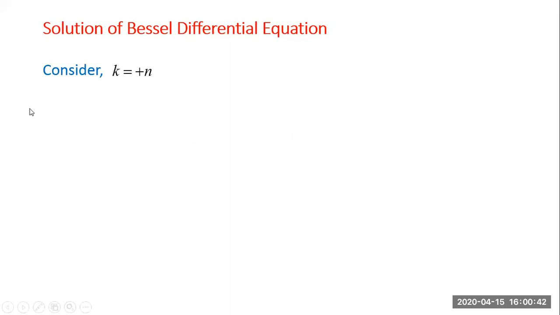Now, since we know k takes two values, plus n and minus n, case 1: let me take k is equal to plus n. So then ar is minus ar minus 2 divided by (k plus r) square minus n square. Here let me take k is equal to n.